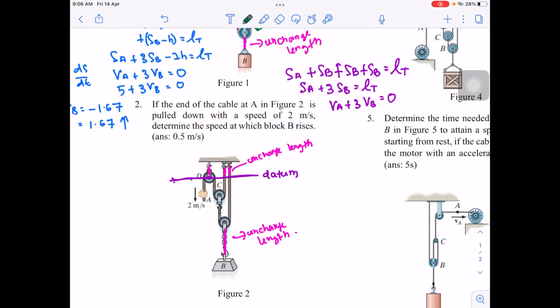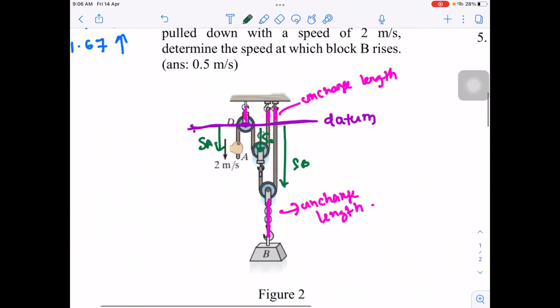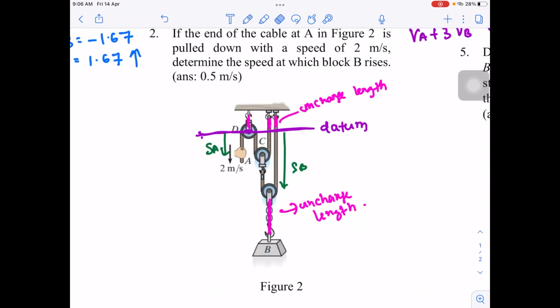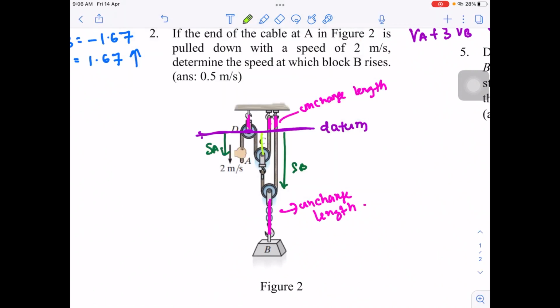So here is your SA. Here is your SB. And then here is your SC. Here is your SC.